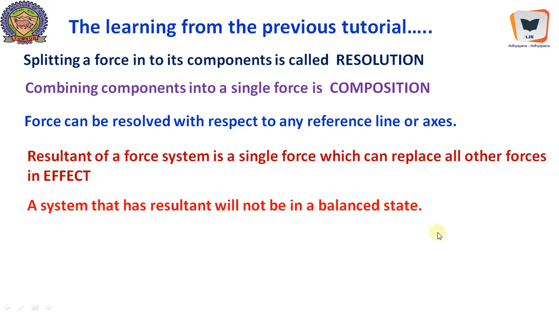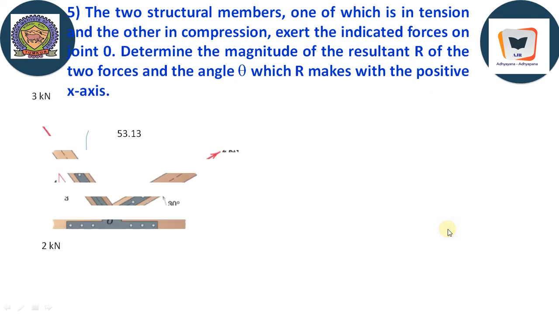Anyway, we are trying to find the disturbance causing force, which is called the resultant, which will represent all the other forces in effect. And in order to make the system be in equilibrium, we need to just reverse the direction of the resultant, maintaining the same magnitude, and such a force is called the equilibriant. So opposite of resultant is equilibriant. Of course, existence of equilibriant is desirable in any engineering system. And we will go through the problem.